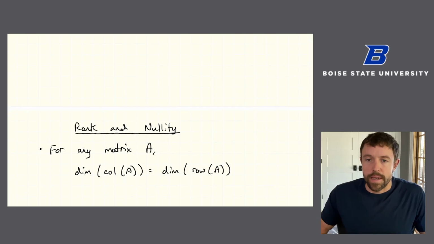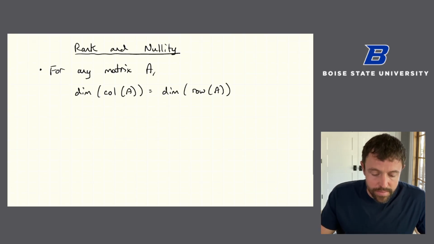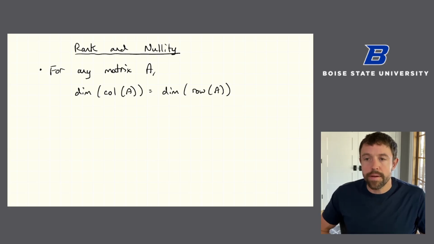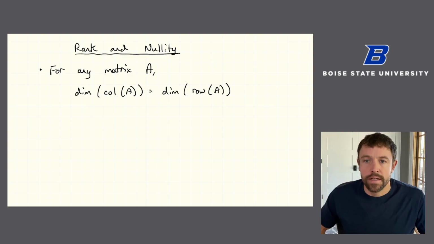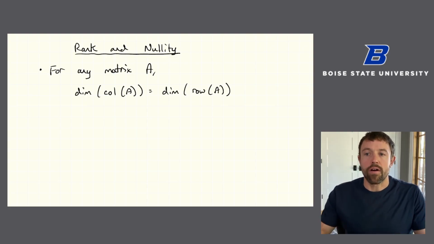The first statement about dimensions of these spaces is that for any matrix A, the dimension of the column space ends up being the same as the dimension of the row space. And this is surprising, I think. The first thing to point out is that they're not even necessarily subspaces of the same Rn, right?